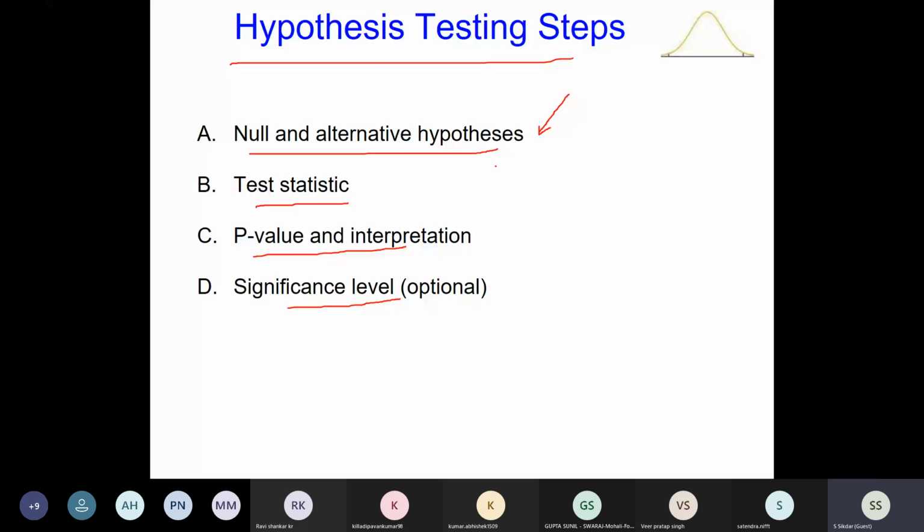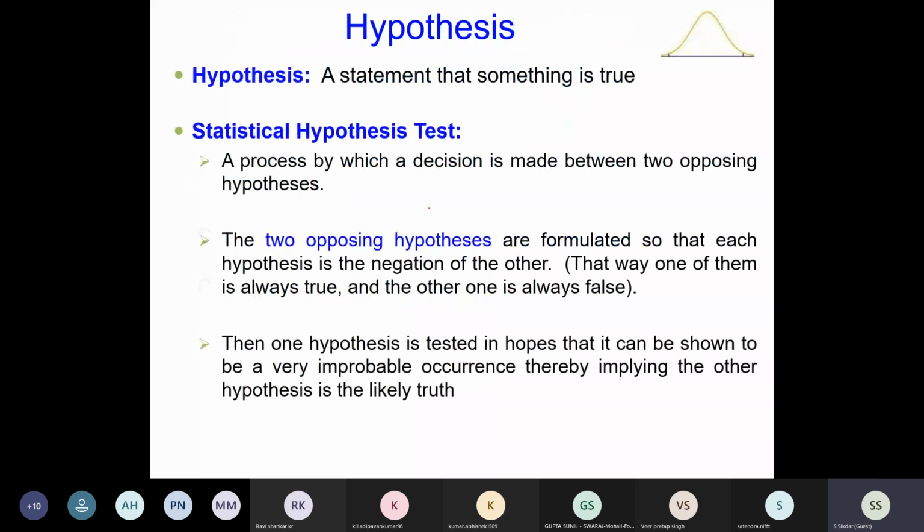That means you are going step by step. Similar to that, this hypothesis testing has several steps. We had already gone through some of them, and we will come to the rest one after another.